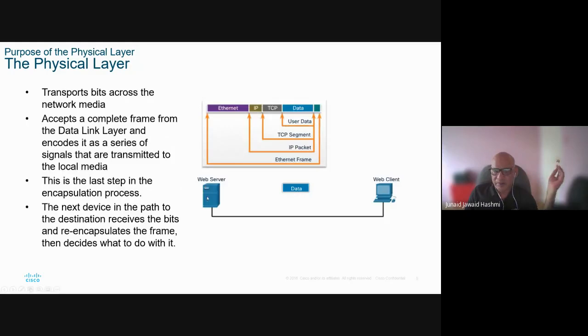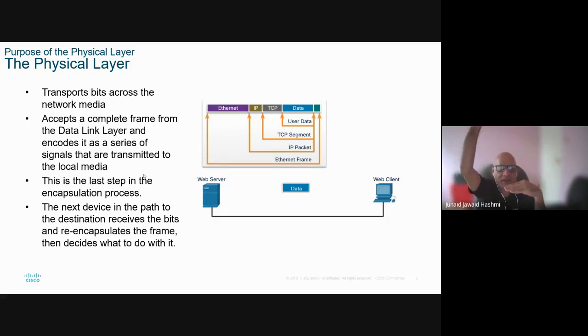So the job of the physical layer is to transport signals from one device to another. The physical layer is the bottom layer. If you remember the OSI model, you have different layers, and the process starts from the top layer.